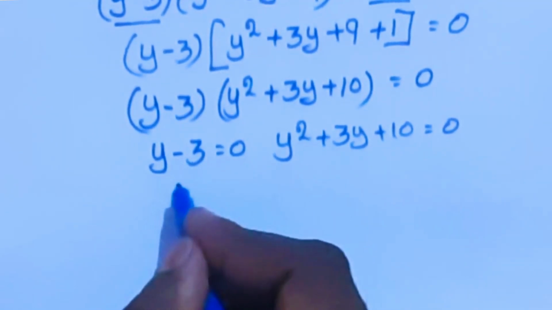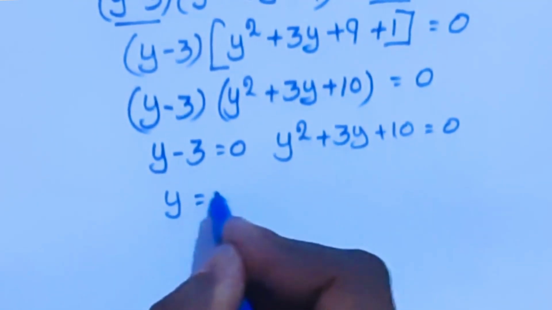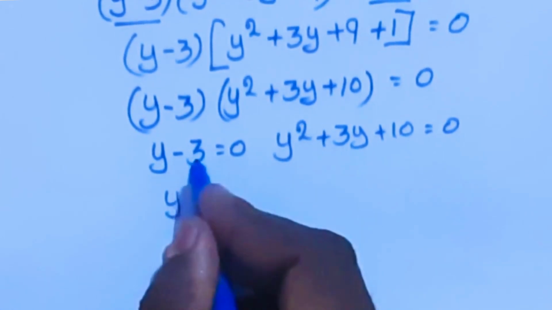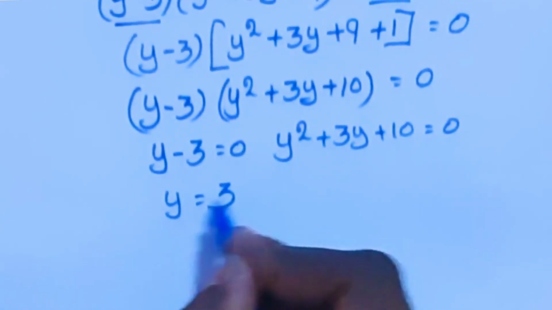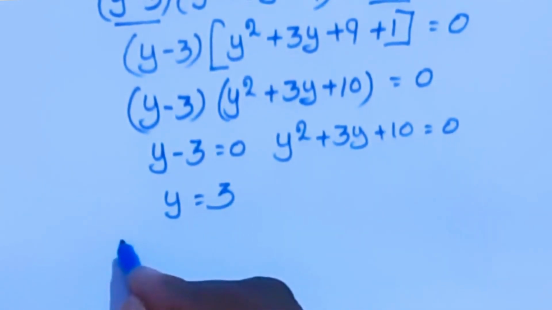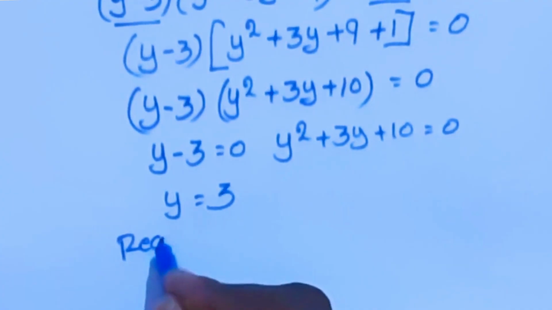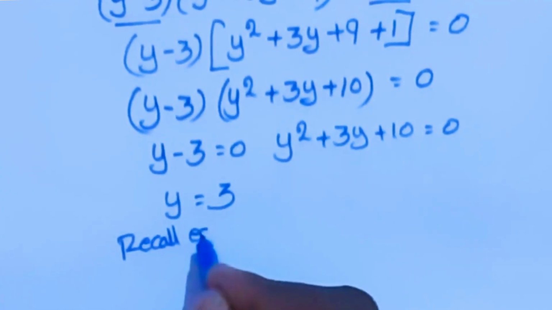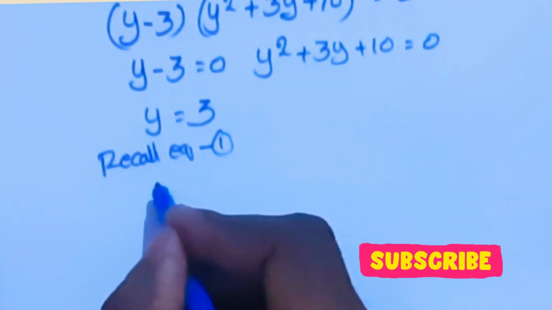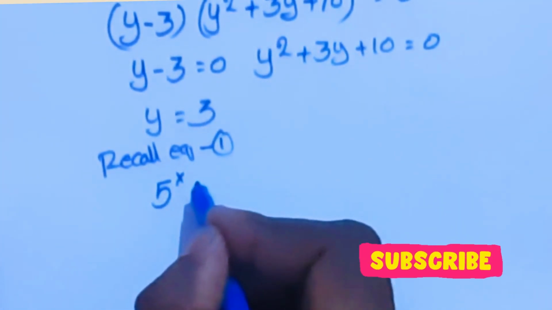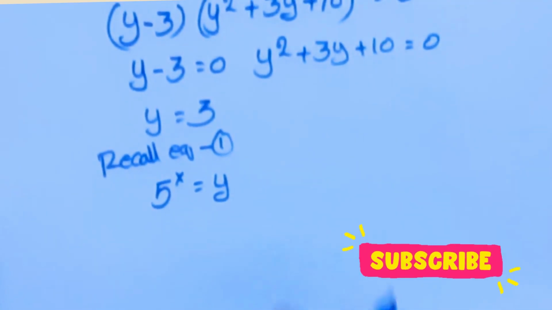Now from this equation y equal to, moving this minus 3 to the right hand side, which becomes 3. So y equal to 3. Now recall the equation 1, which is 5 power x equal to y.